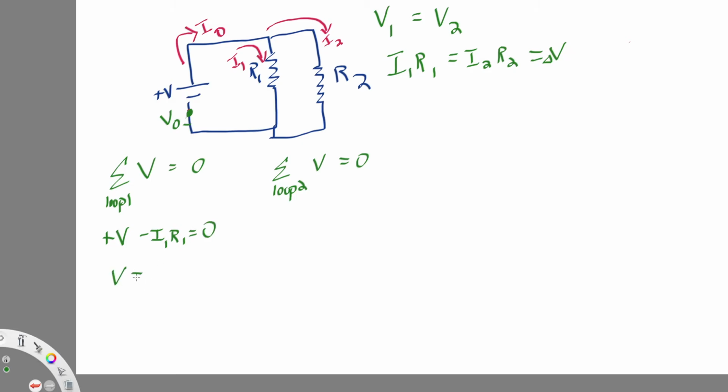So in other words, the voltage we gain from the battery should be equal to the voltage we lose by going over resistance 1. But if we go around loop 2, which includes resistor 2, then we gain some voltage from the battery, we lose some voltage going over resistor 2, and when we add those together we should get 0. So in other words, the voltage that we get from the battery should be equal to the voltage that we lose going over resistor 2.